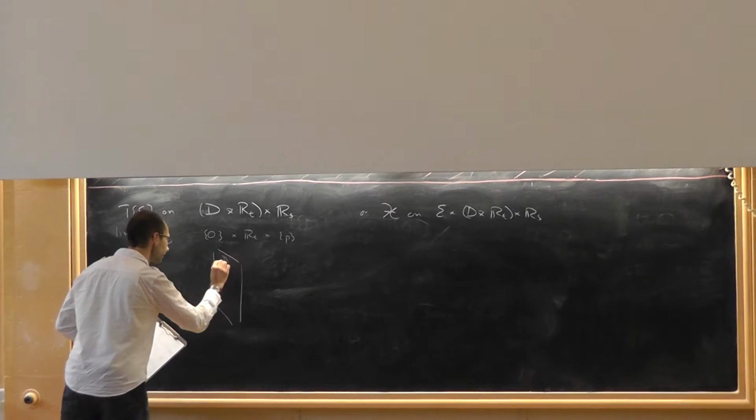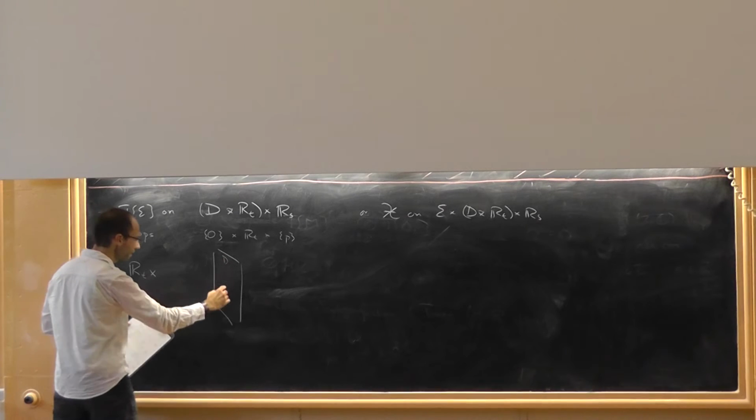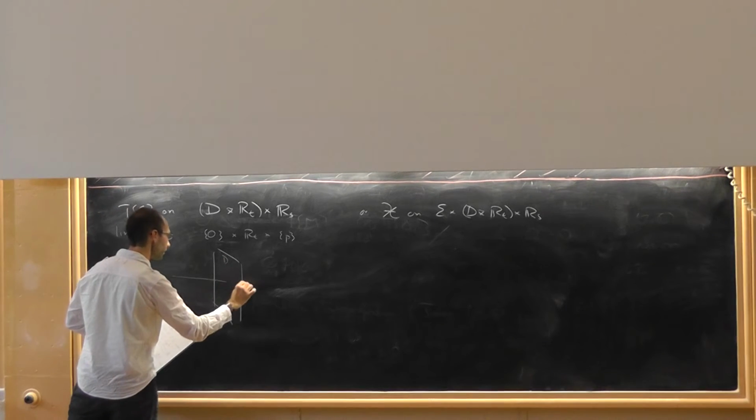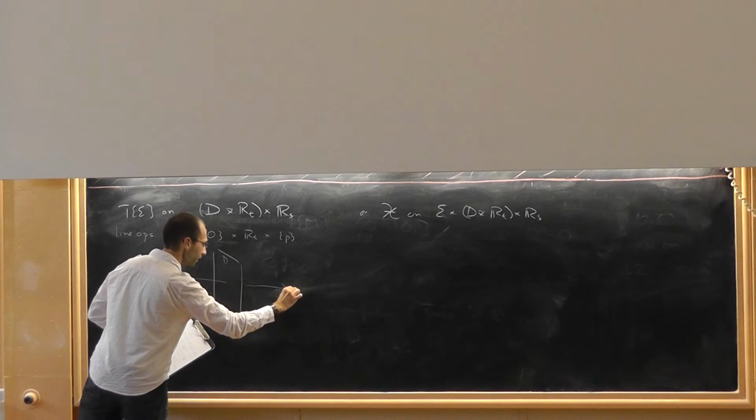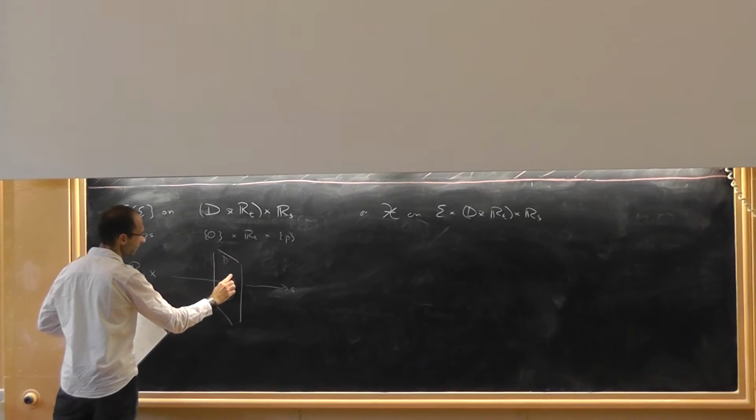And so the picture ends up looking like this. We have D, we have time times D times space, where D is spinning, but not in space, it's spinning in time.